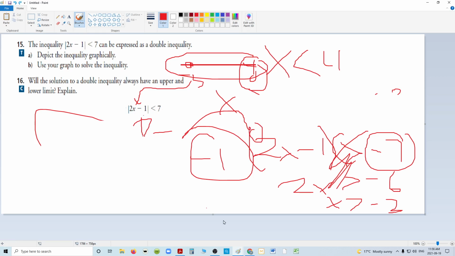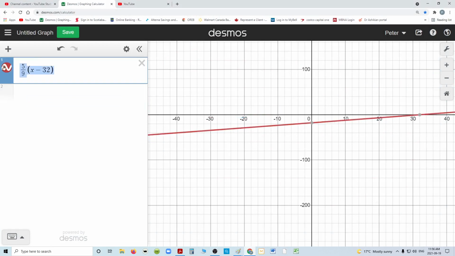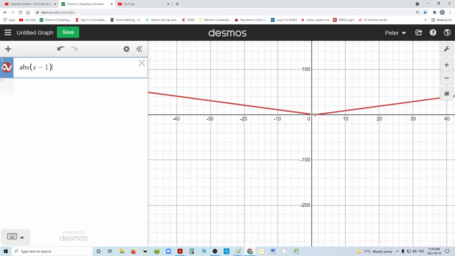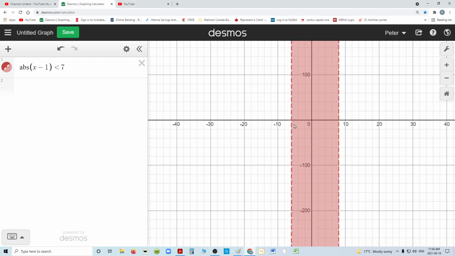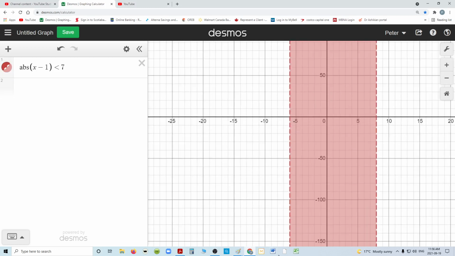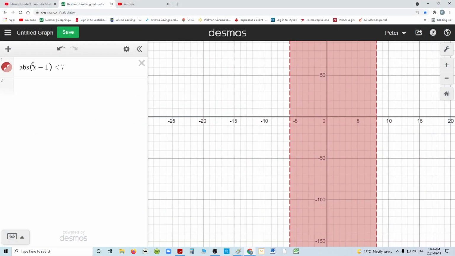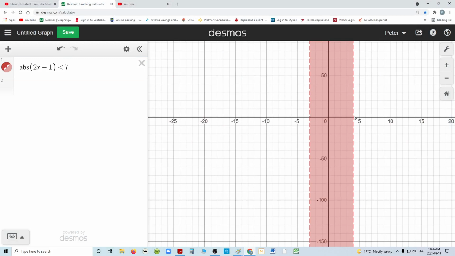So if you put this in Desmos as well, you will see the solution. Was this it? Yeah, there you go. I think I got the equation wrong though. 2x minus 1. There you go. And it's from minus 3 to plus 4, and it highlights for you.